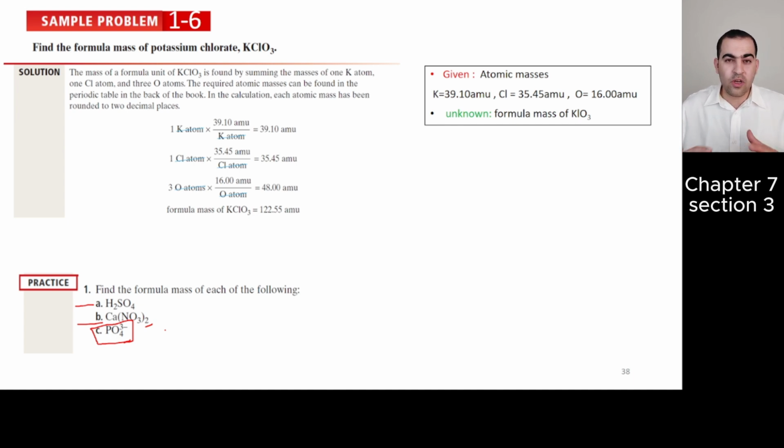We don't count the mass of electrons. So just imagine we have 1 phosphorus and 4 oxygen. The sum of the masses of these equals the formula mass of the PO4 polyatomic ion. That's it.